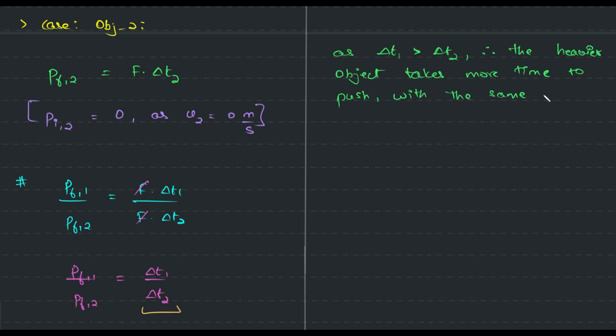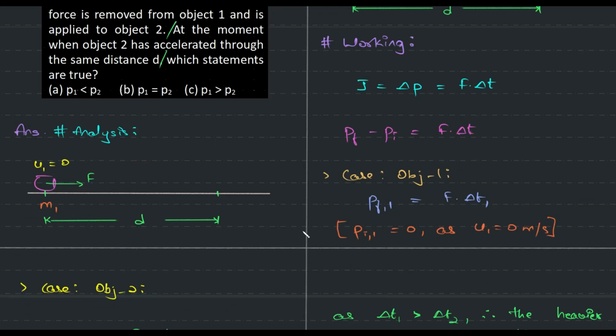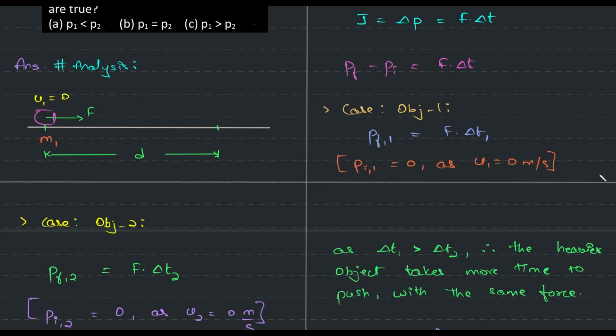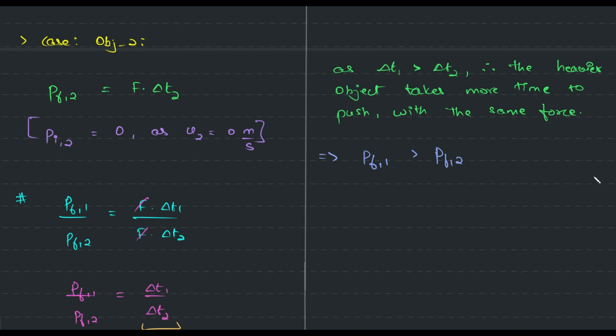That is important. If the force was not the same, then things would not be part of this discussion. This implies PF1 has to be greater than PF2. Oh, we called it F1, F2, but okay. You guys understand that.